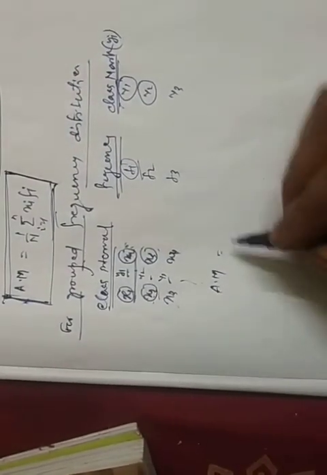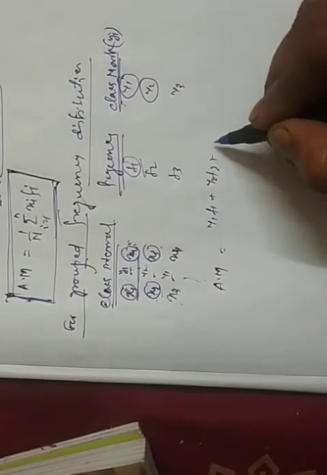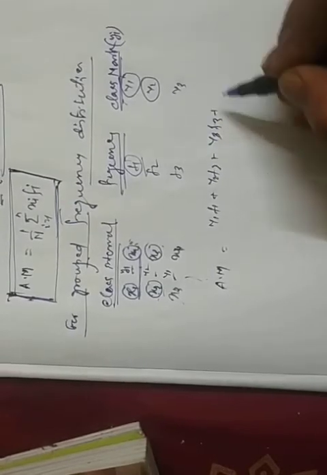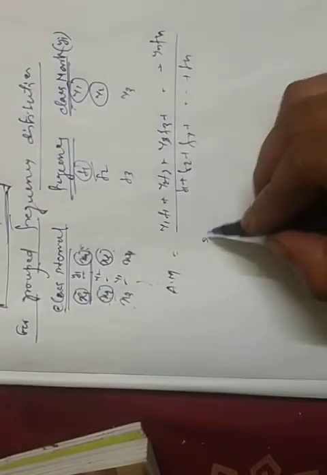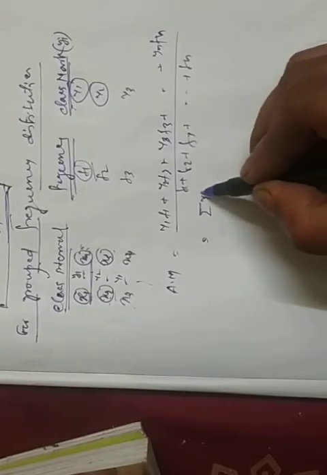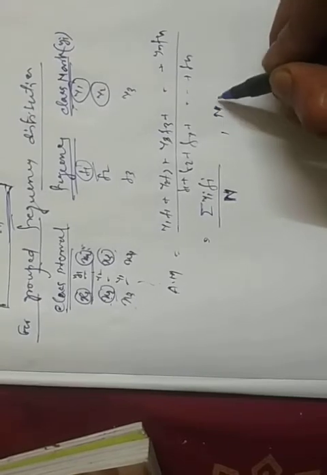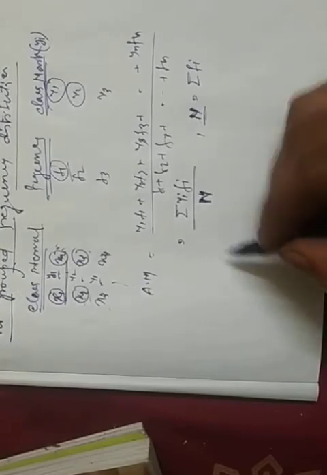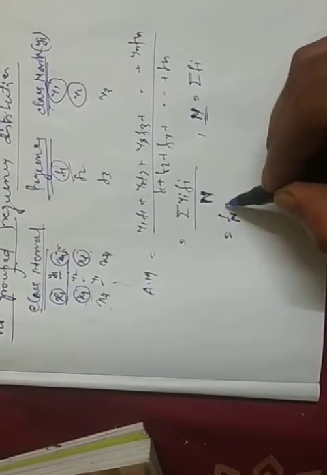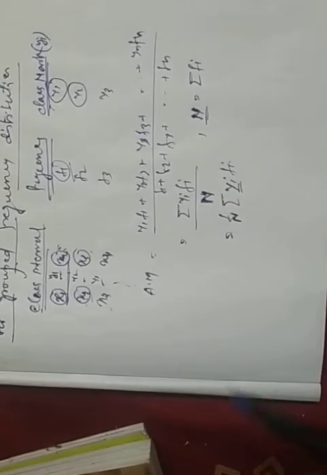So the arithmetic mean will be y1 f1 plus y2 f2 plus y3 f3 plus up to yn fn divided by f1 plus f2 plus f3 plus up to fn, which can be written as summation yi fi divided by n, where n equals summation of fi, the total number of observations. So this is the formula where yi is the class mark of each interval.